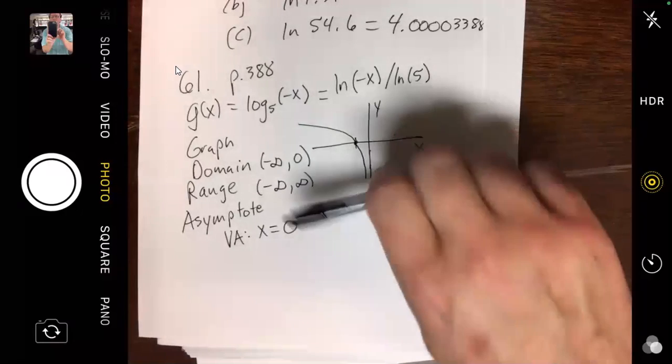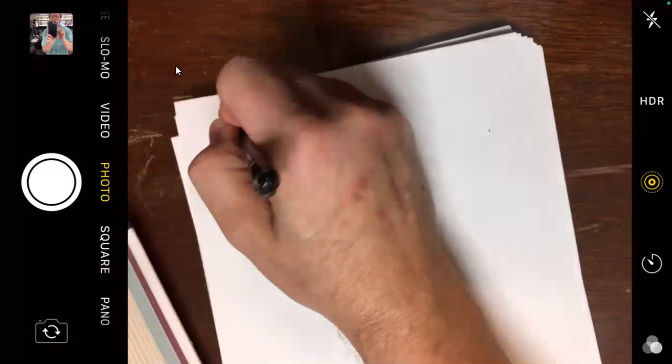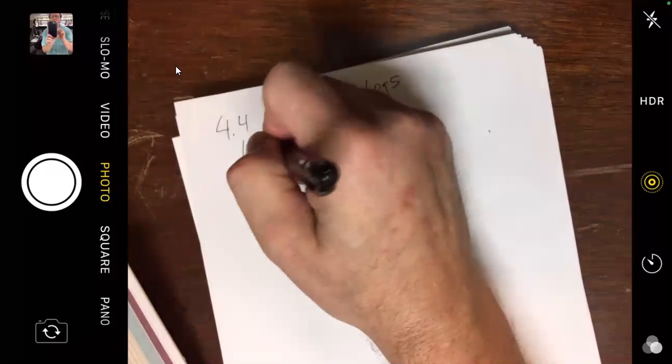All right, why don't we charge on to 4.4. We're using again in 4.4 the laws of logs. I'll just use an ln of AB.